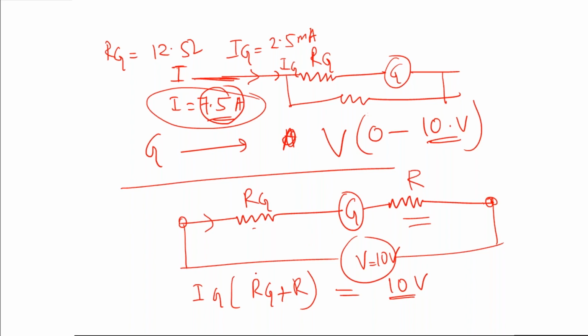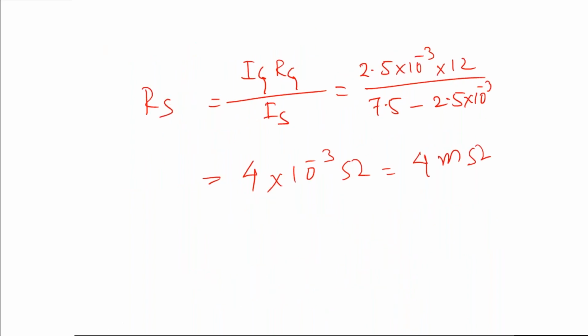You know what RG is, so then you can find out R easily. So let us find out R. This is 10 volt, divided by IG.